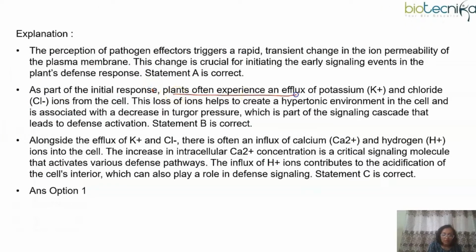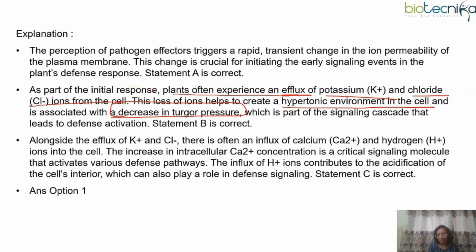Plants carry out an efflux. From plant cells, there is an efflux of potassium and chloride ions from the cell. Now, what does this do? If ions are being taken out from the cell, it creates a hypertonic environment outside the cell, and that is associated with decrease in turgor pressure.